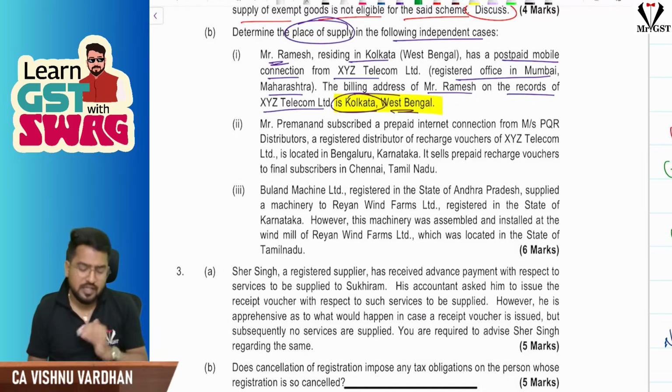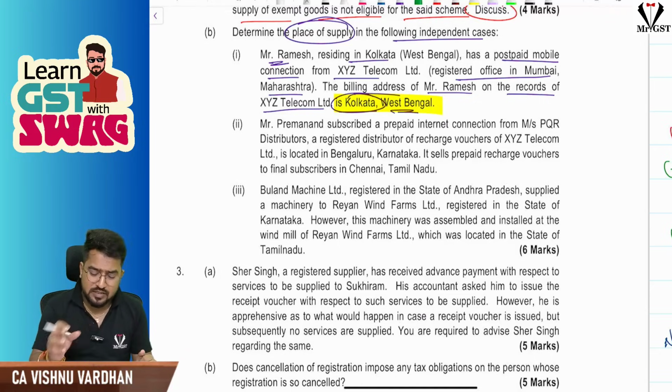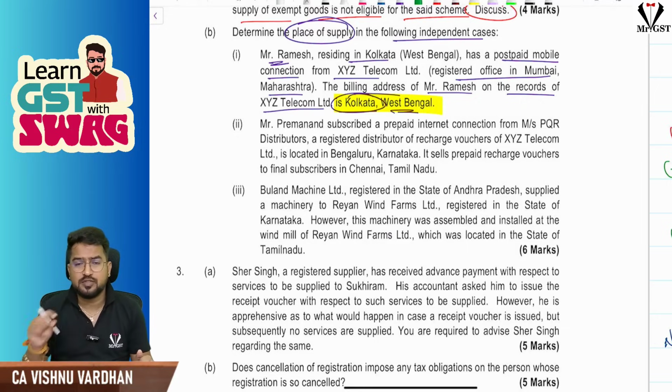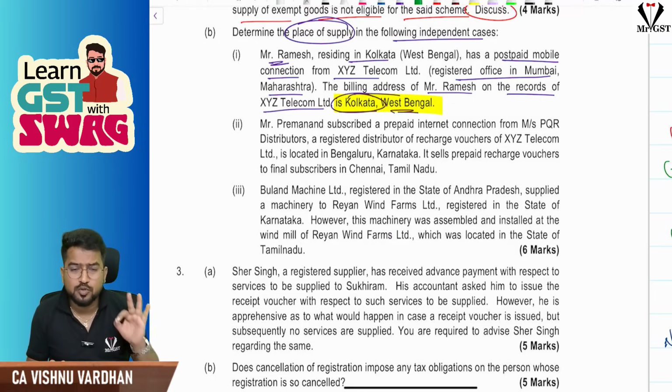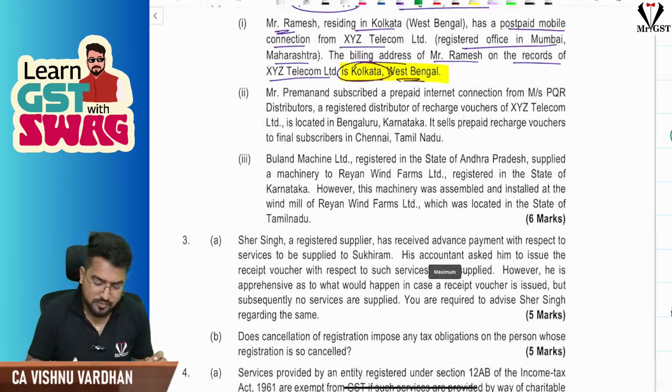Next paragraph: in the given case, the recipient, Mr. Ramesh, has his address available in the records of XYZ Telecom Limited as Kolkata, West Bengal. Hence place of supply is Kolkata, West Bengal. Like this, write the provision properly, reason properly. GST is a good and simple tax.